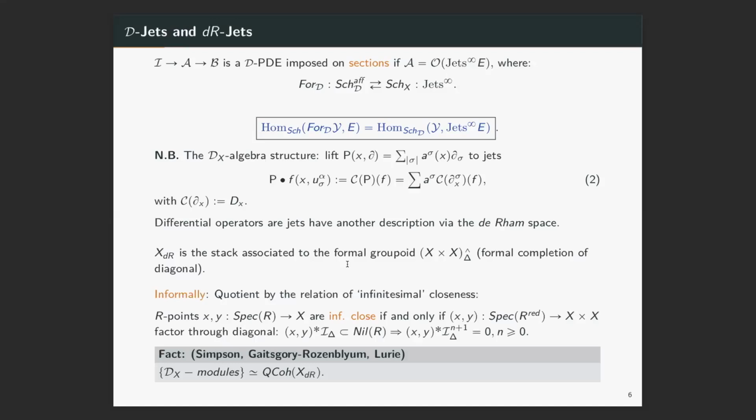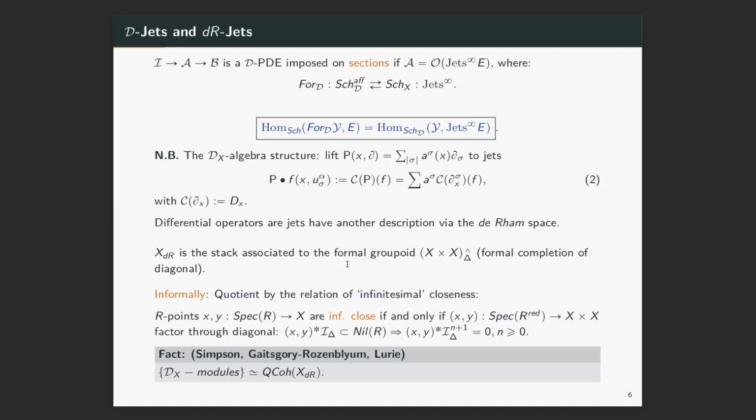But there's an alternative viewpoint, which is through parallel transport. And this parallel transport is the notion of identifying nearby fibers. And so this is exactly what this formal completion, this infinitesimal closeness relation, is representing in the algebro-geometric setting. Okay, so there's this fact that I quote here: D-modules are sheaves on the de Rham space.